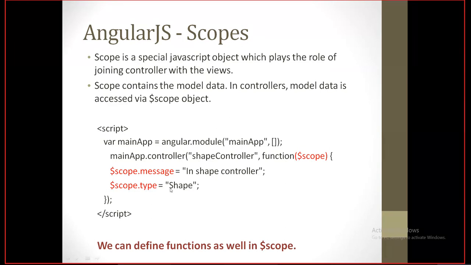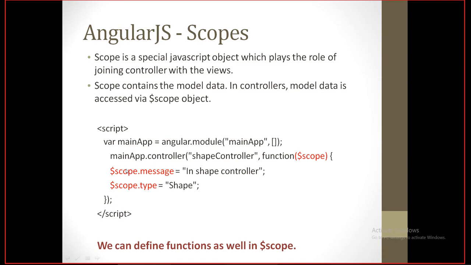Okay. So these two, message and type, are the variables, we can call them in simple words. Message and type are the variables belonging to which module? The main app module, whose controller we are defining. Okay, fine. But as you can see here, it is mentioned that instead of having just variables, we can also define functions with the help of the scope object.